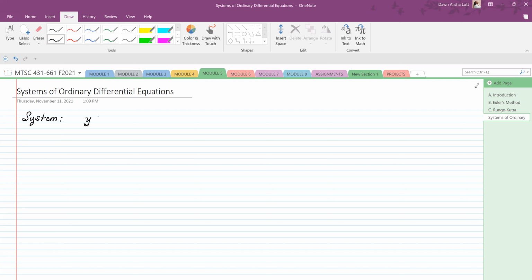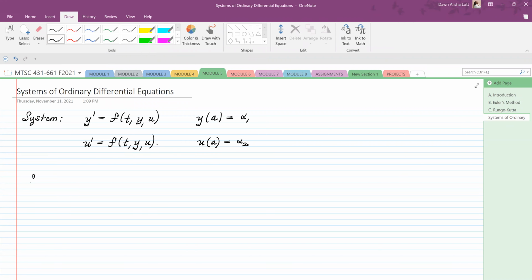So y prime is equal to f of t, y, and u, and u prime is equal to g of t, y, and u. Okay, so you are given that y of a is equal to alpha 1 and u of a is equal to alpha 2. All right, so we want to solve this.